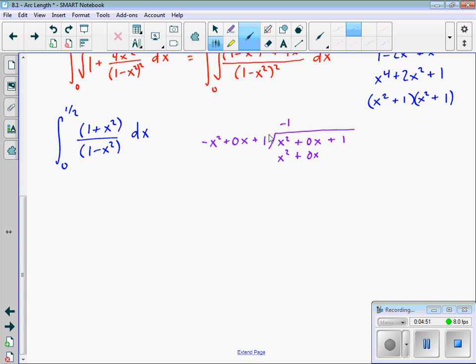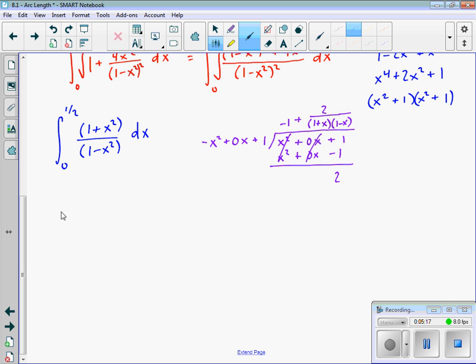And then this is minus 1. And then when you subtract that, make sure you change the signs. So this goes away. This goes away, and this turns into what? 2. So then you have plus 2 over, and I'm just going to write that as the linear pieces, so 1 plus x and 1 minus x. You guys okay with that part?